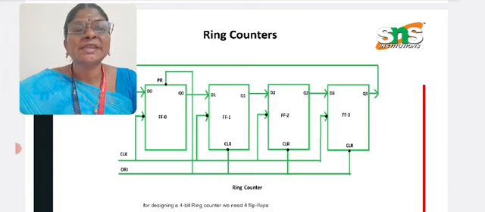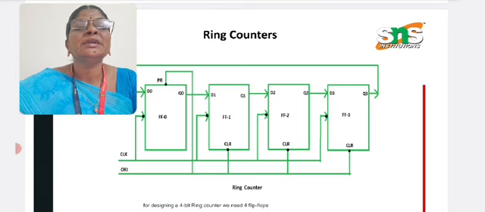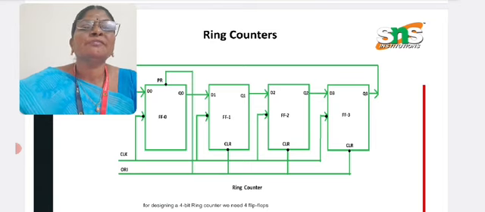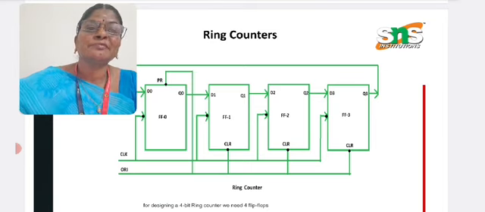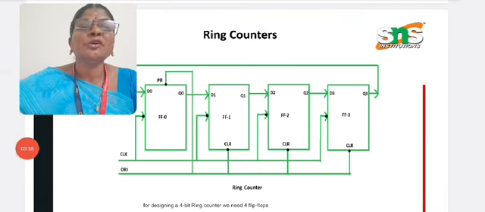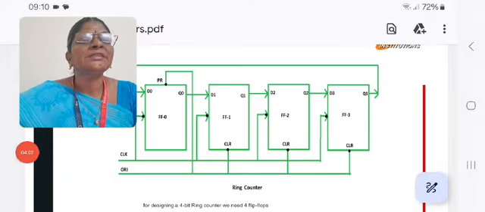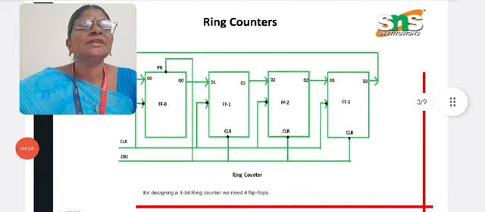So this is a ring type. The output goes to the input again, from first flip-flop to second, to third, to fourth, and then back to the first flip-flop. This ring type is called a ring counter.